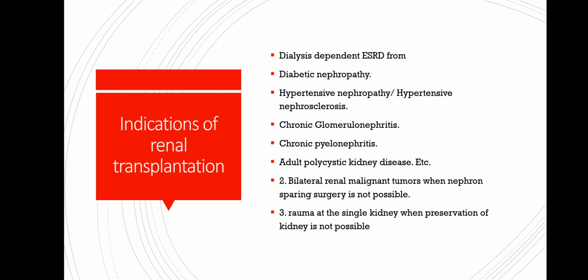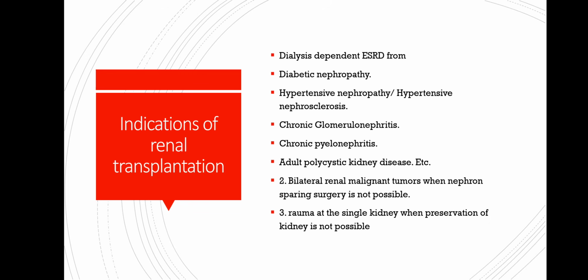Next, we are discussing the indications of renal transplantation. Dialysis dependent end-stage renal disease from, first, diabetic nephropathy, then hypertensive nephropathy or hypertensive nephrosclerosis. Then the fourth point is chronic glomerular nephritis, then chronic pyelonephritis.